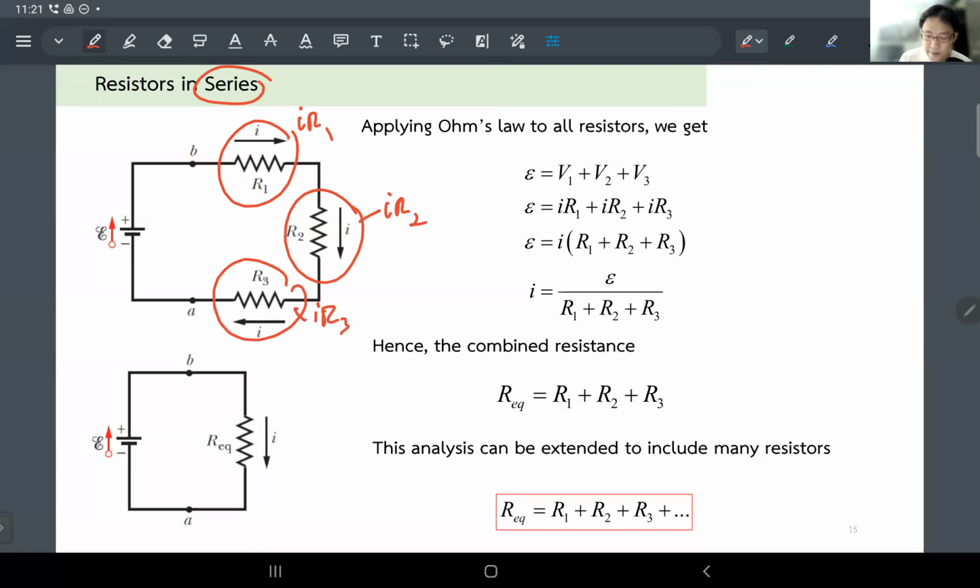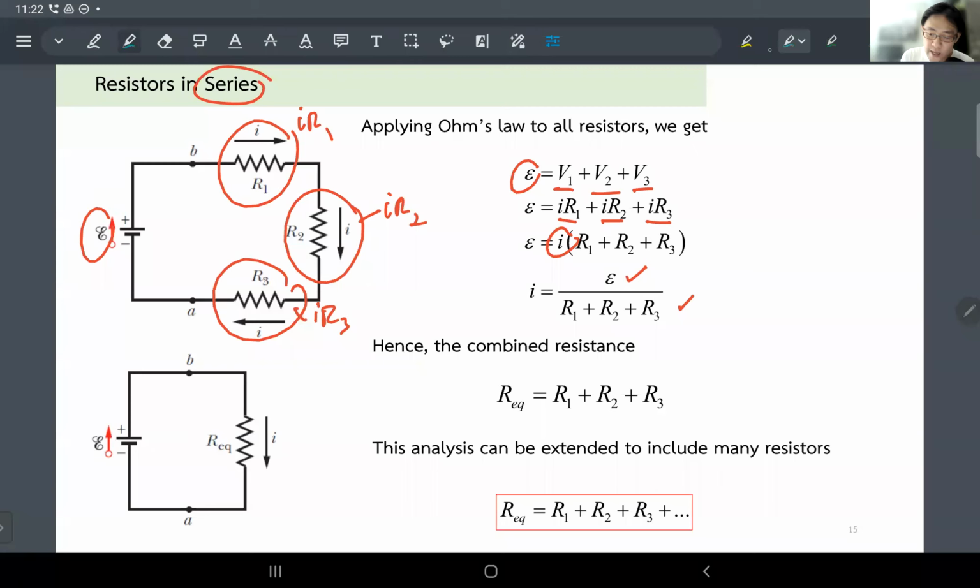So the thing is, the original pump, the energy that you receive must be the same as the energy that you release on each resistor. So it's going to be V1, V2, V3, sum them up. But then each value is just IR1, IR2, IR3. Now you have a common factor of I. You can put it out. And then you can rearrange this term, make it look like Ohm's law again. So the current flowing in your circuit can be calculated by just E over the sum of the R.